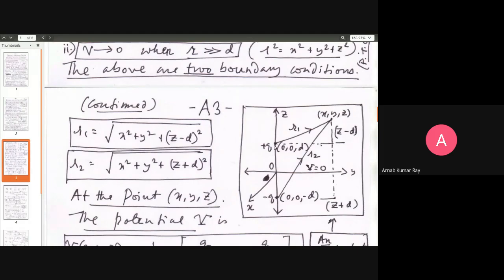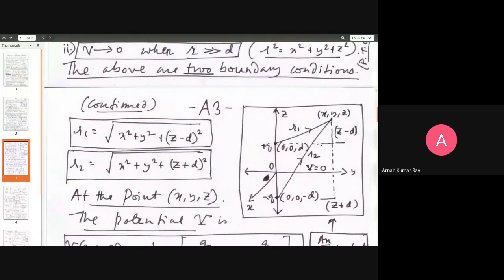So here you have a plus q charge. Let's say this xy plane is the mirror plane. You have a plus q charge over here. Whatever be its distance from the plane, d, on the other side, you have a minus q charge, same magnitude, but minus q, meaning just as it happens in the mirror image, your right hand in real life becomes the left hand in the mirror view.